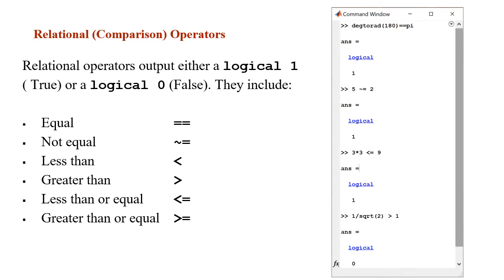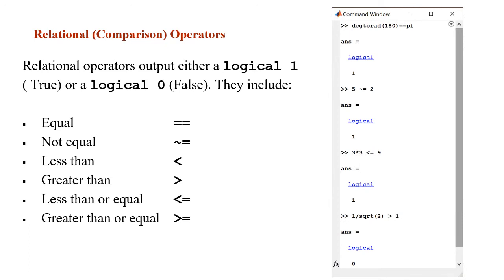For example, we're checking whether the degree to rad function, if we call it with 180 degrees, is equal to pi or not. It is true that 180 degrees converted to radians is equal to pi, so this will output a logical 1.